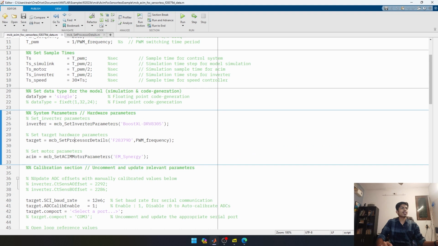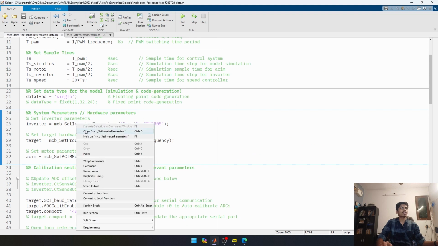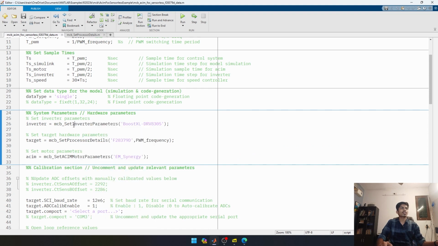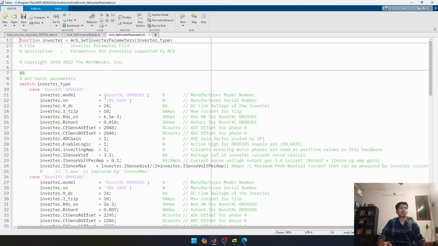If you open the data file, there is an inverter. Make sure your cursor is on this particular function, right click on this and open set inverter parameters. If you are using any of these inverters, this is the voltage per ampere. If you have any other inverter, you have to set it manually. Our I sense volt per amp is 0.1.